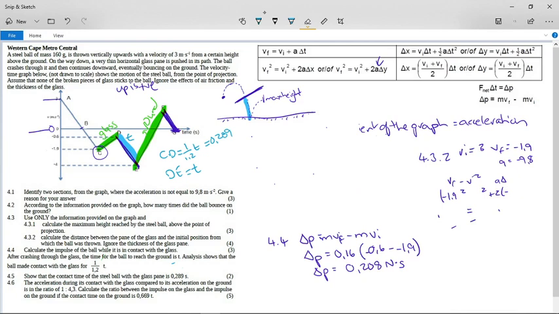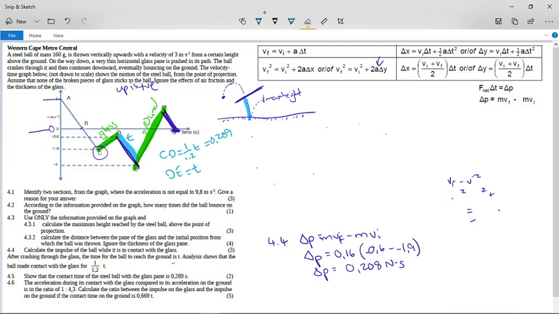Okay, so we just need to have a little bit of focus while we answer this question. It's not hard, but you need to cut through all the words and make sure the words are making sense to you in terms of your diagram of what is going on, and also the gradients and the values on the graph.